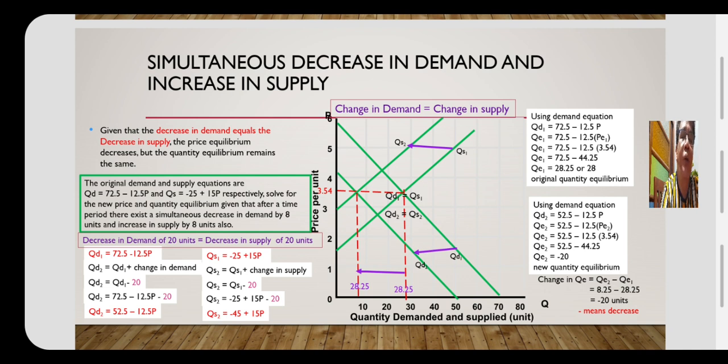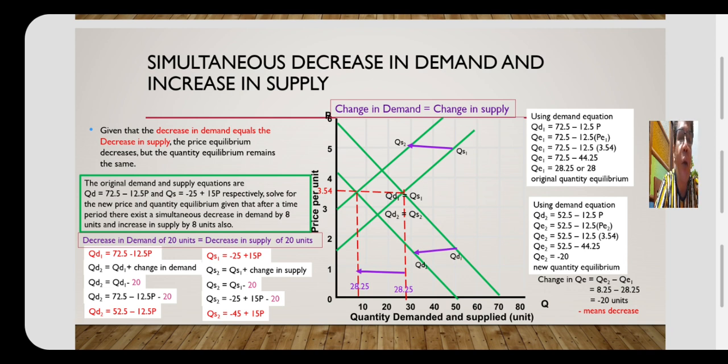Where is that point? Oh, sorry. Something is wrong with this gap. The original quantity equilibrium should be between the original demand equation and the original supply equation.